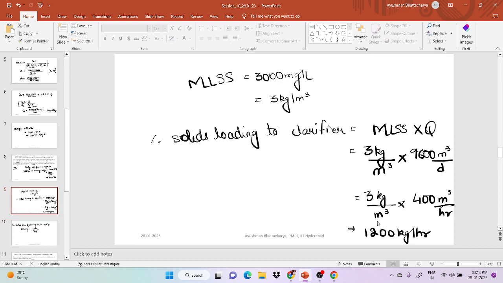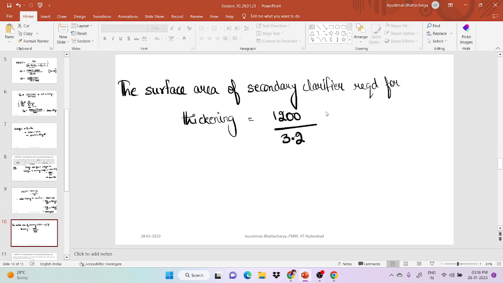So 1200 kg per hour divided by 3.2 kg per meter square per hour. Okay, so the units get cancelled, and we finally get 375 meter square. So the answer came out to be 375 meter square.